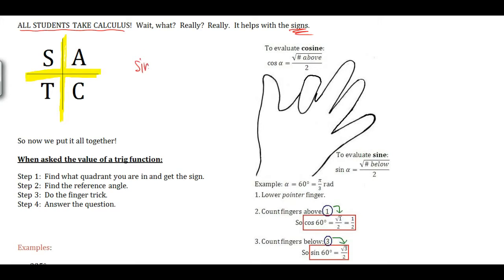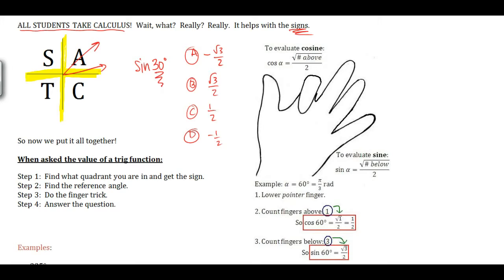I see a sine of 30 degrees, say, and it's on a test. And answer A is negative root 3 over 2, and answer B is root 3 over 2, and C is 1/2, and D is negative 1/2. Well, if I know where 30 degrees is, that's right here in quadrant 1.